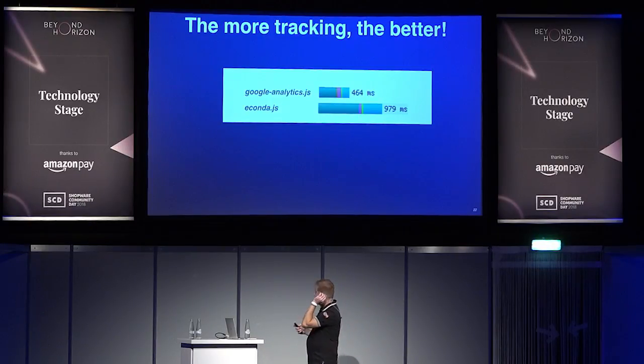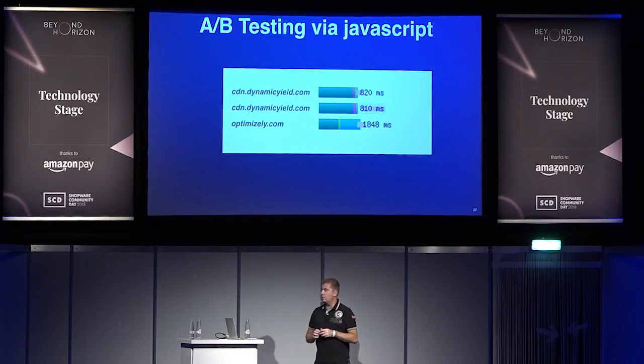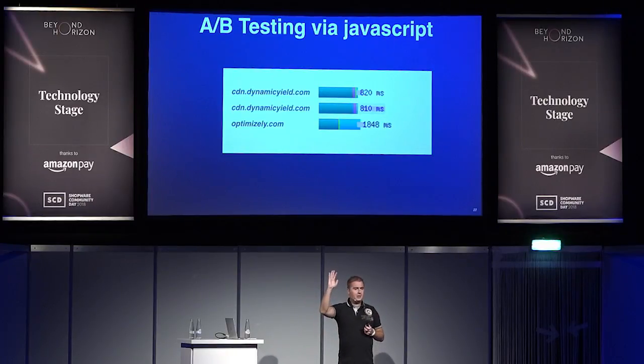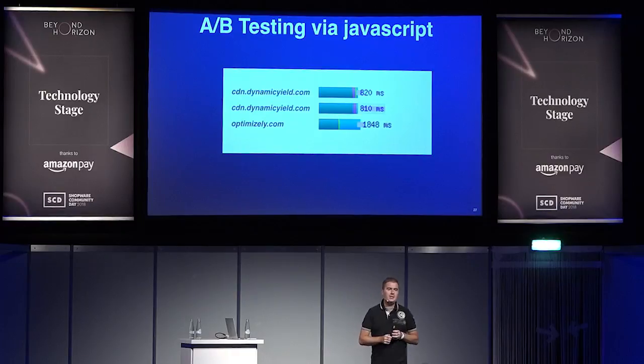The next thing I found in this shop was A/B testing via JavaScript. And honestly, who of you does A/B testing? This is maybe 5 guys out of 150 or so. I think A/B testing is very, very important, but please, please, please, pretty please, do not use it via JavaScript.